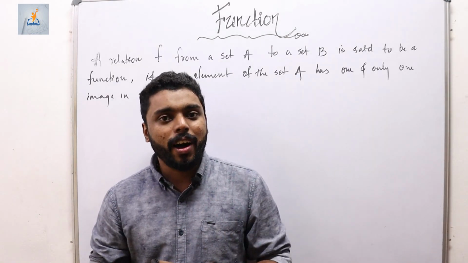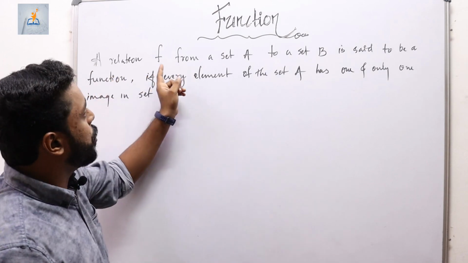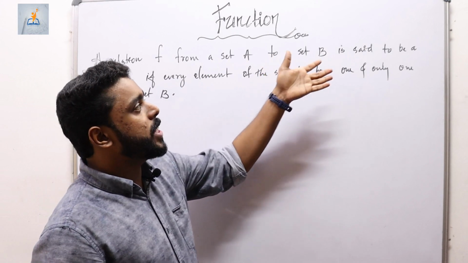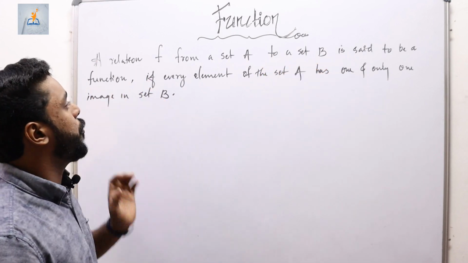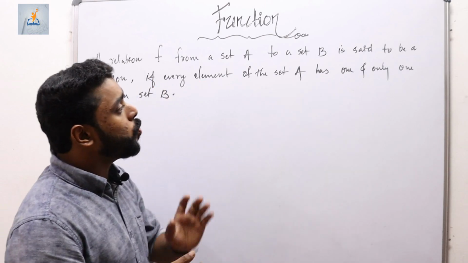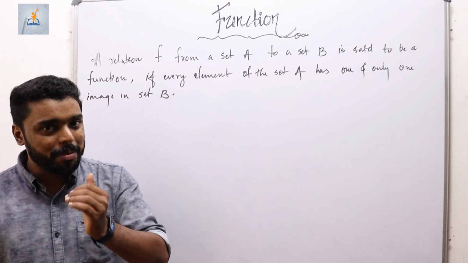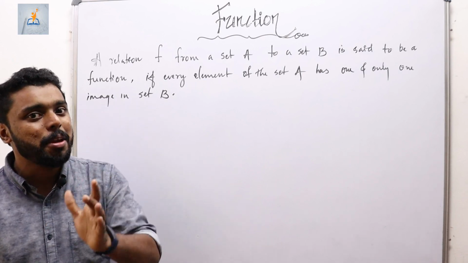Now we shall define a function formally: a relation f from a set A to a set B is said to be a function if every element of the set A has one and only one image in the set B. Let me read it again, emphasizing the important words.